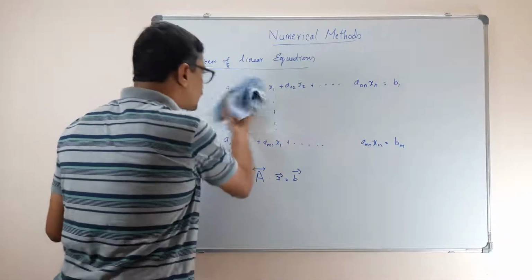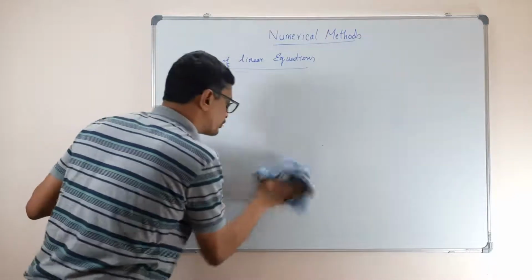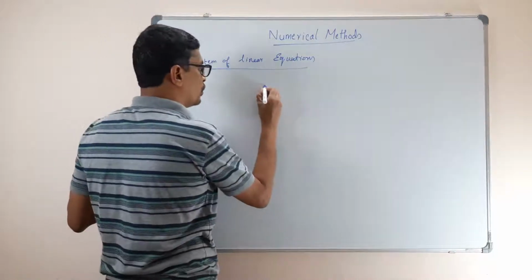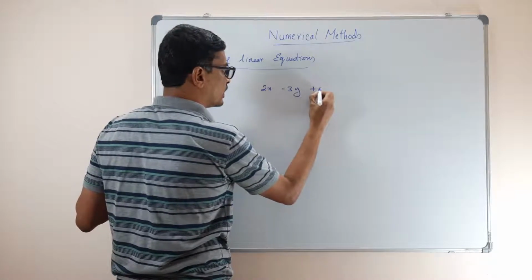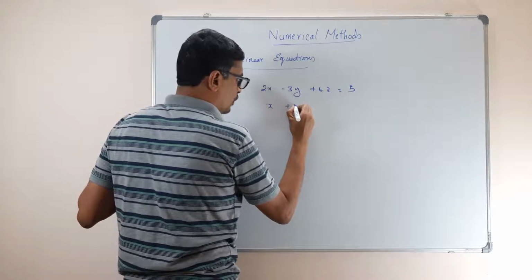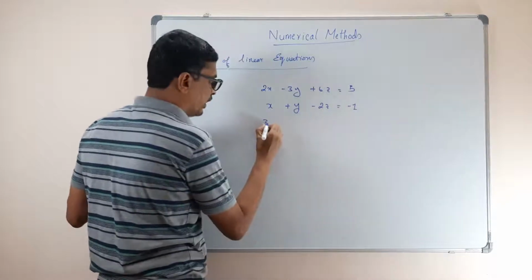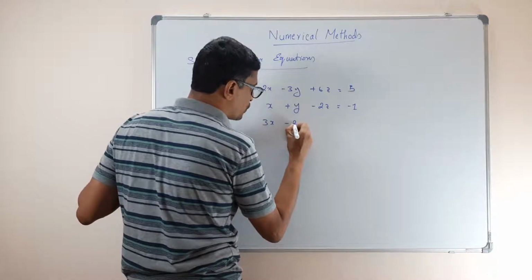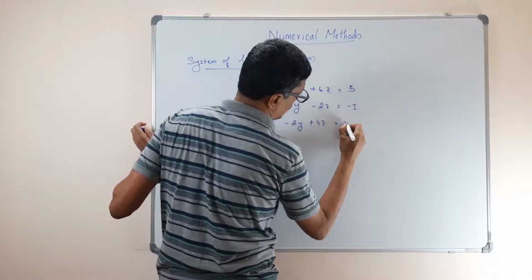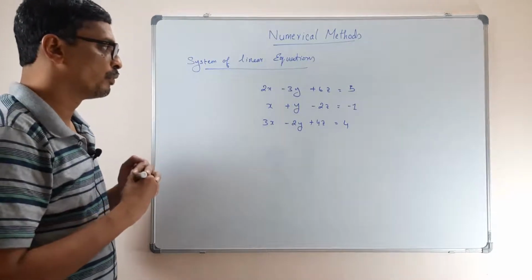Let us try to solve a simple system of equations with pen and paper. I am going to have three equations: 2x minus 3y plus 6z equals 5, x plus y minus 2z equals minus 1, and 3x minus 2y plus 4z equals 4.